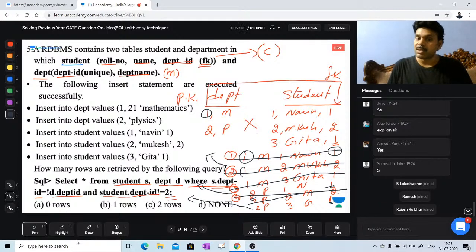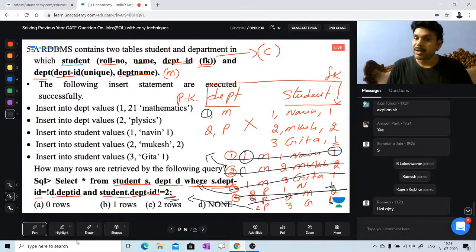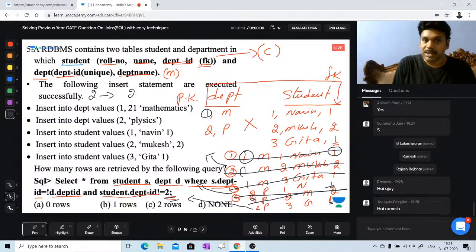Once you got these tuples, from there you need to see that your department ID is not equal to 2. So not equal to 2 means what? Please observe, your student dot department ID is not equal to 2. From there you got a few rows. What are the rows you got? This row and this one you get, and the next row we get 2 with 1.